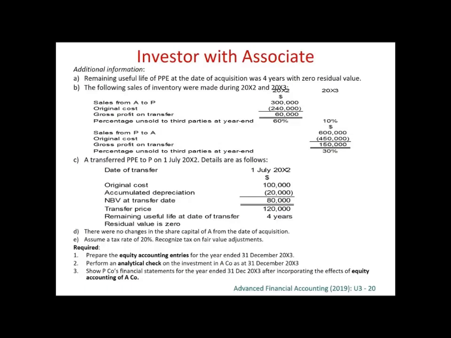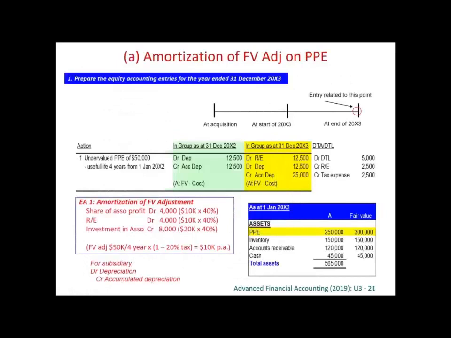Equity method means we initially record this at cost, and then we adjust for the share of profit and the share of other comprehensive income. So we know that there has been a fair value adjustment. The fair value increment is 50,000. If this were a subsidiary, you would debit depreciation 12,500 and credit accumulated depreciation 12,500 every year, because this 50,000 should be amortized throughout the remaining useful life of 4 years.